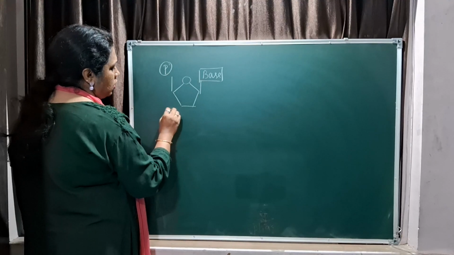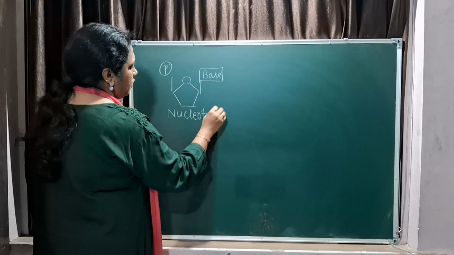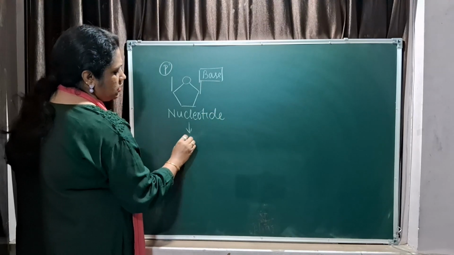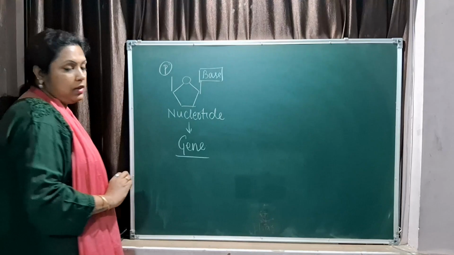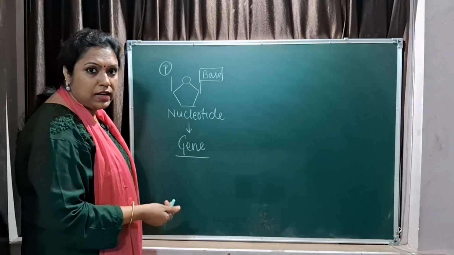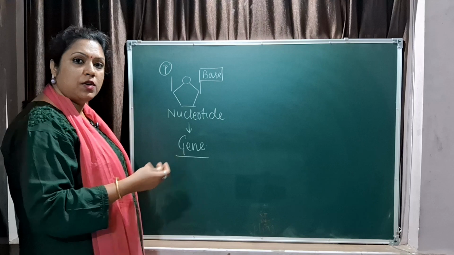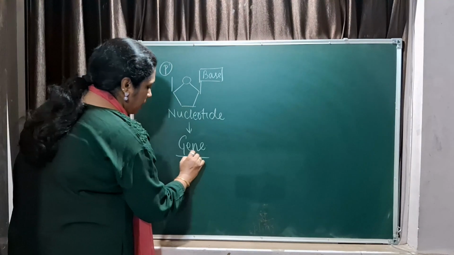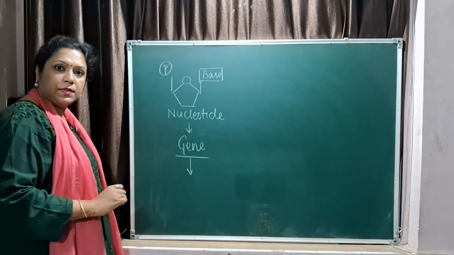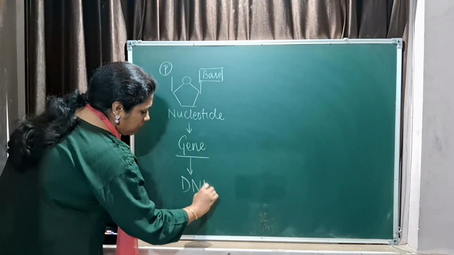The nucleotide sequences is the gene, remember. Now the gene is the unit of inheritance, a specific nucleotide sequence that encodes for certain proteins. So we have already studied this. Now what happens to these genes that are there on the DNA, right?